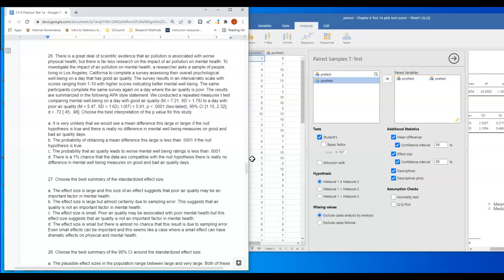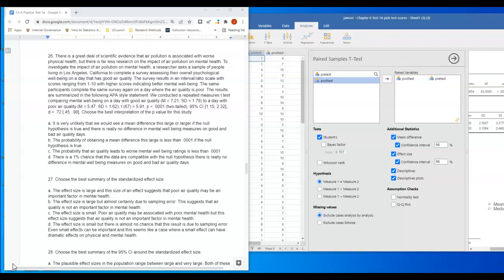Right? So the next options, let's go over why they're not right. The next one is B. The probability of obtaining a mean difference this large is less than 0.001 if the null hypothesis is true. So a key here is that it's not just a mean difference this large, it's this large or larger, or this large or more extreme.